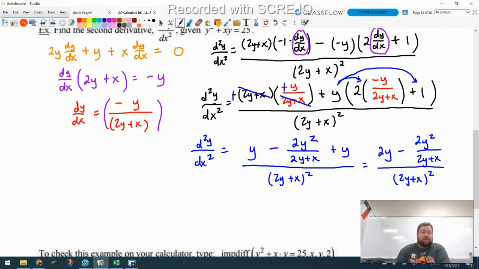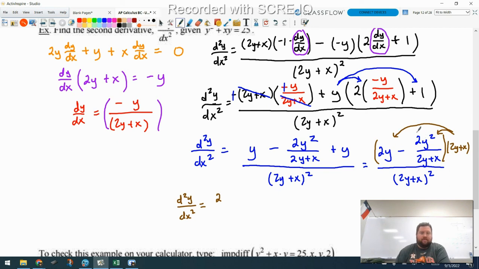Still have a complex fraction, so I'm still doing a little bit more work here. No negative exponents, no complex fractions. So to get rid of my complex fraction, I need to multiply this numerator by 2y plus x. That's going to distribute to both terms. All right, second derivative is equal to 2y.